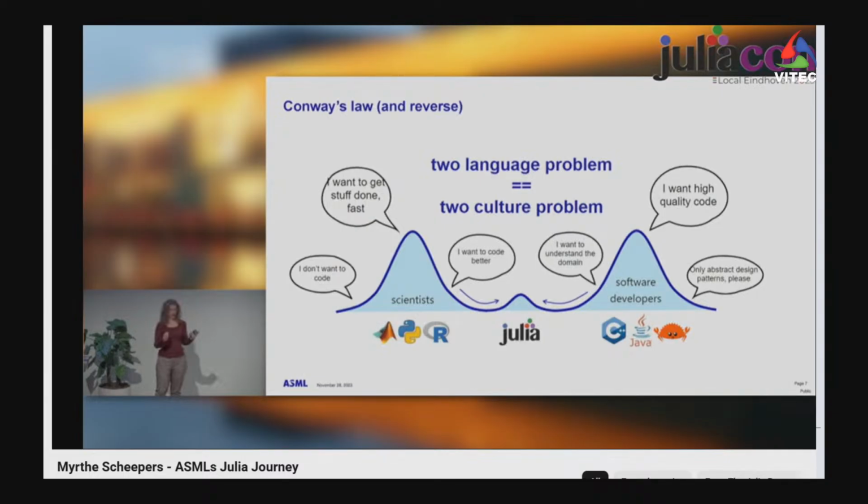And well, coming from the left side, but working more on the right side currently, I see the problem, and I'd like to increase the area under this midsection of the curve.